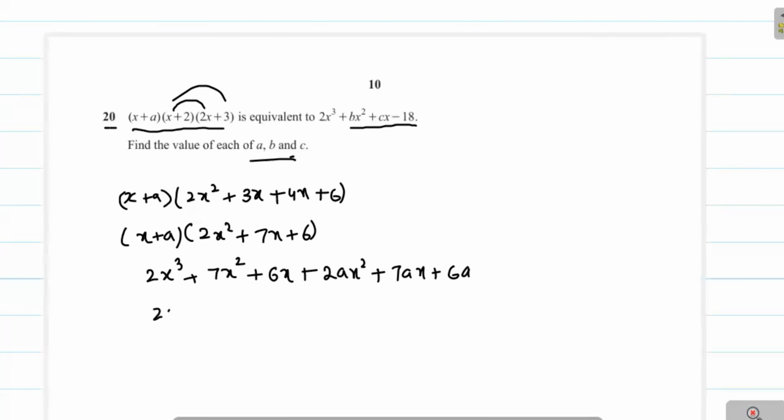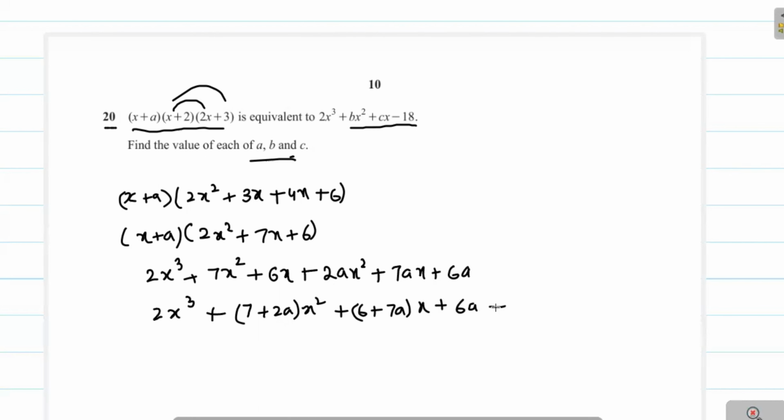Now you see here 2x cubed is written as it is. Now we write 7x squared plus 2ax squared. We can write 7 plus 2a into x squared. We take the common factor between these two values. Next we write 6x plus 7ax. We can write 6 plus 7a into x. And 6a is written as it is.